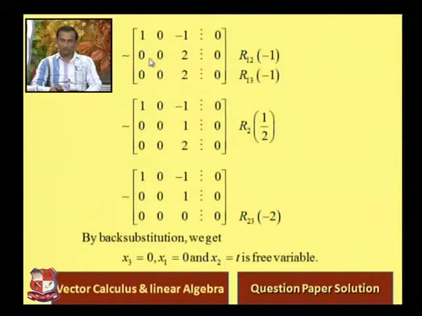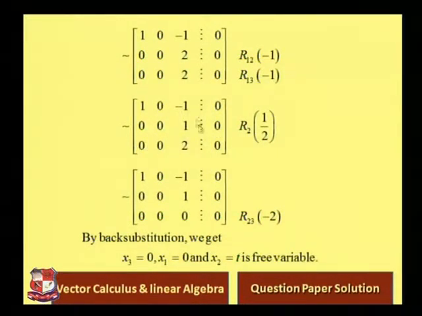Then find the next leading one in the next row and next column, but here this is 0, this is 0, that means not a non-zero element. So we go to the next row, but here the whole second column is 0, that means only 2 rows remain. So here this is a 0 element, so we have to go to the next column. Here this next column 2 is non-zero, so convert this to a leading one by applying the operation R2 times 1 by 2, so 0 0 1 0.